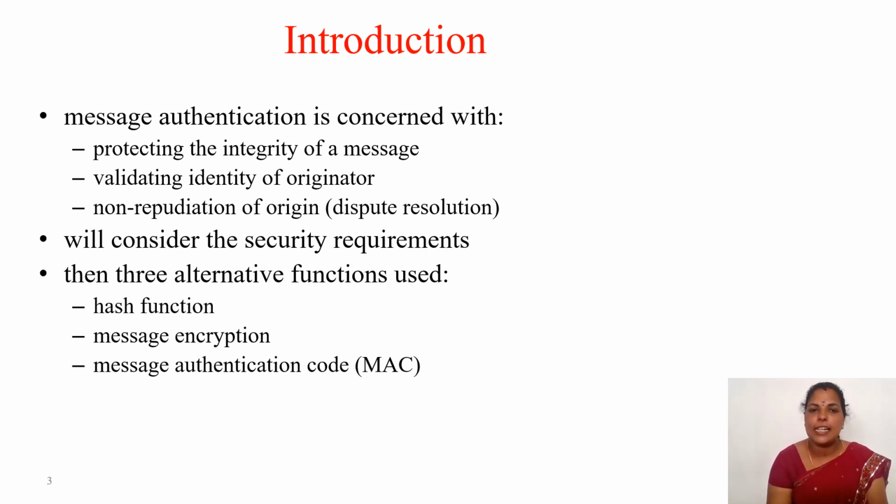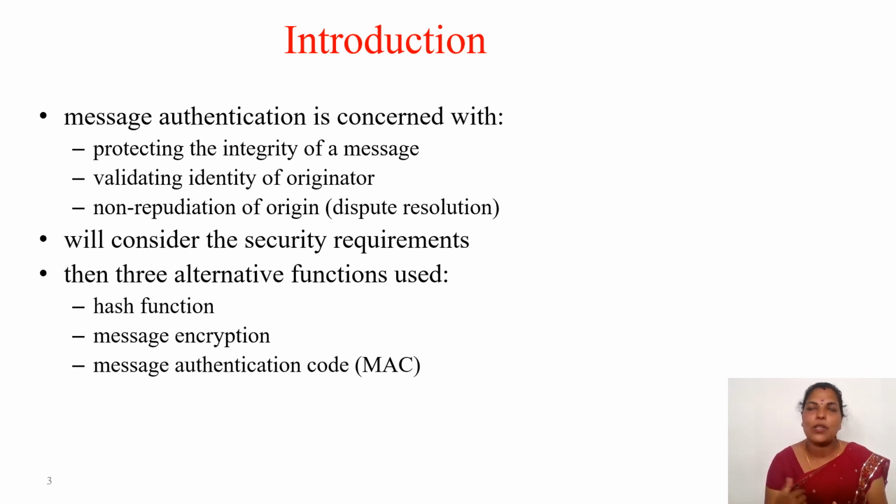So mainly we are considering the security requirements of message authentication. For that we have three functions: one is the hash function, next is message encryption, and third is the message authentication code. Hash function, you already know: we give a variable size input to the hash function and we get a fixed size hash value.